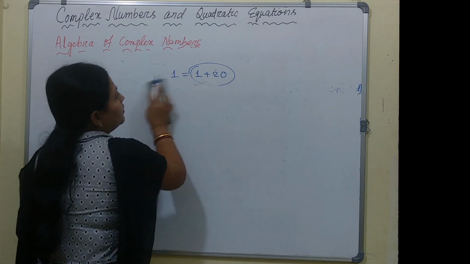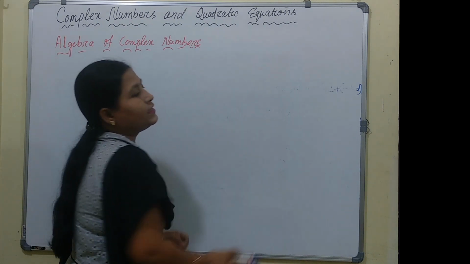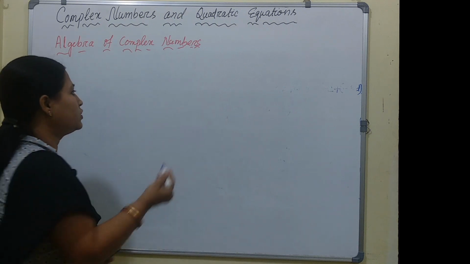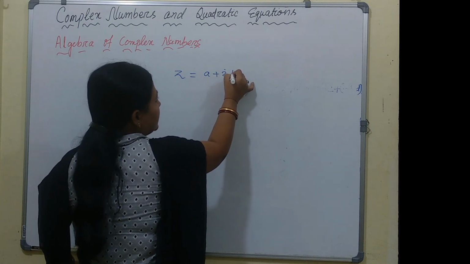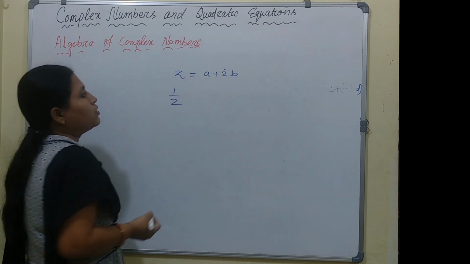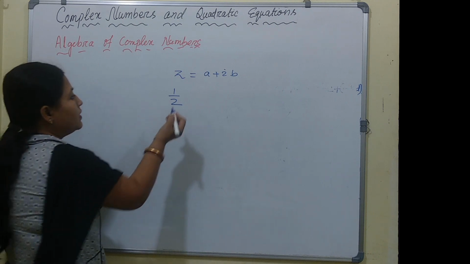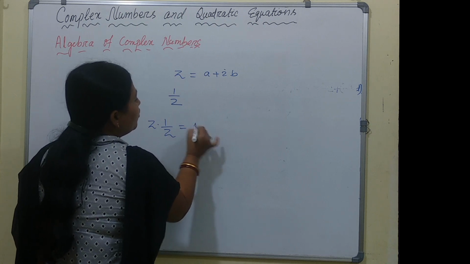Similarly, complex numbers satisfy the existence of the multiplicative inverse. That is, if z is equal to a plus ib, then 1 by z is called the multiplicative inverse. That means z into 1 by z is equal to 1.